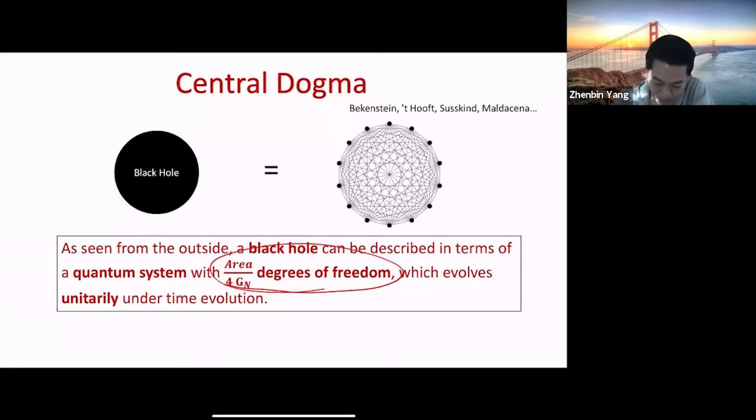This central dogma is essentially what we have been using in holographic systems. But actually, this central dogma has a lot of puzzles or tension with the semi-classical description of black holes.